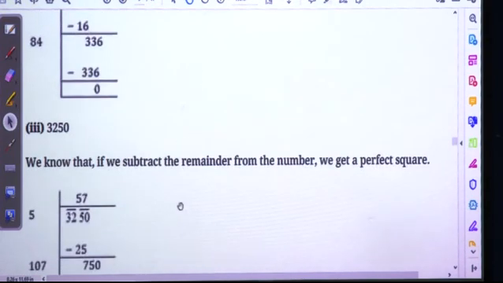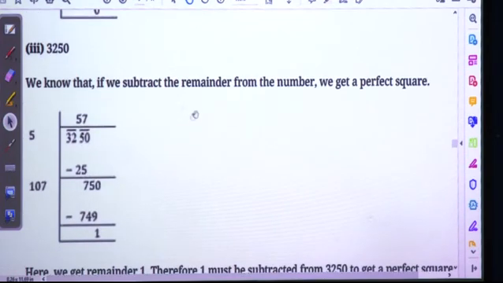Let us see the next sum, 3250. By the division method we shall see what remainder we have to subtract. For 3250, we see the groups: 5 square is 25, 32 minus 25 is 7, and the next group is 50.